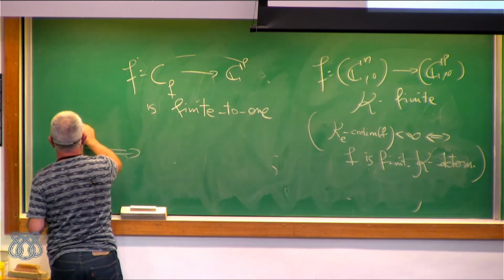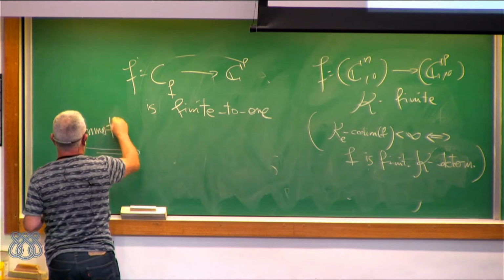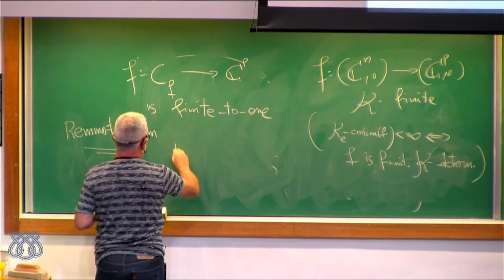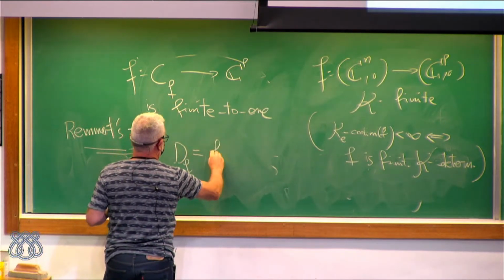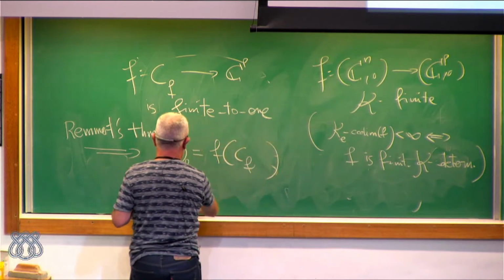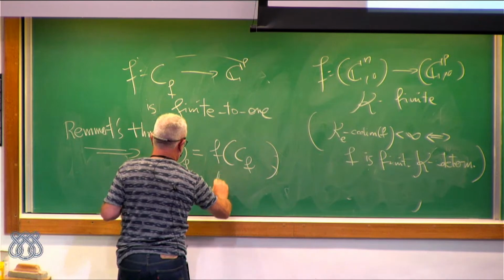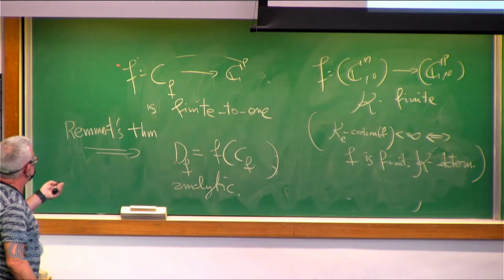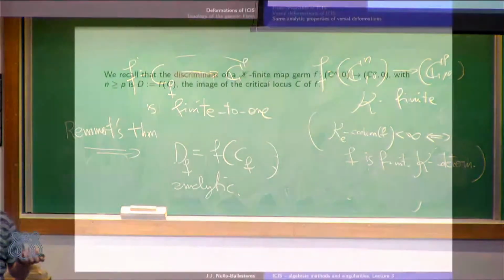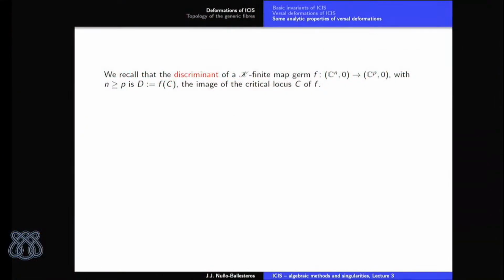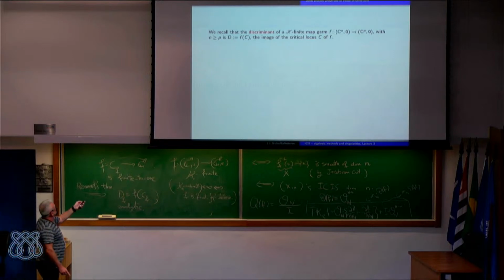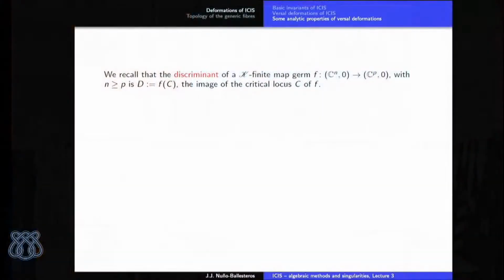By Remmert's theorem, this implies that the image of the critical set, which is the discriminant, is analytic. So in general, the image of an analytic set by an analytic mapping is not analytic, but if the mapping is finite, then you have this Remmert's theorem, which is that the image is analytic, okay? So by definition, this is called the discriminant. This is the discriminant of F.